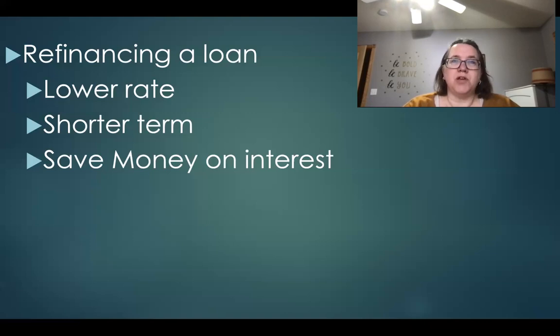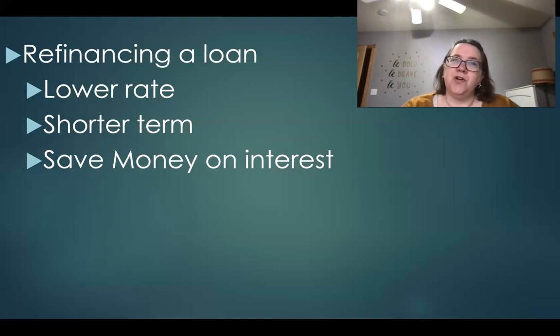And by lowering our interest rate, we were actually able to shorten the length of our loan from 30 to 15 years because of the difference in the payments. So by refinancing our loan down to that lower interest rate for a shorter term, we were able to save over $50,000 on interest that we were paying. Okay, so that makes a huge difference in the longevity of paying off that loan and how much money you're going to pay.